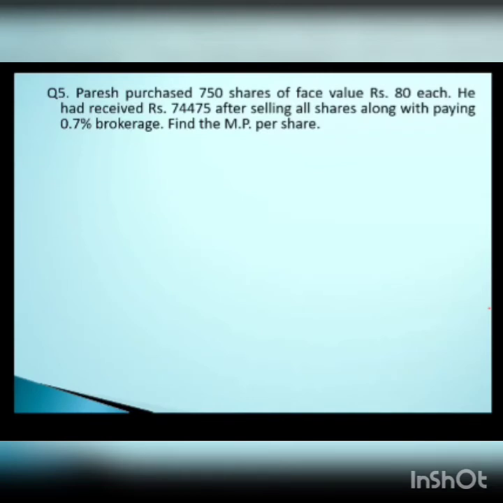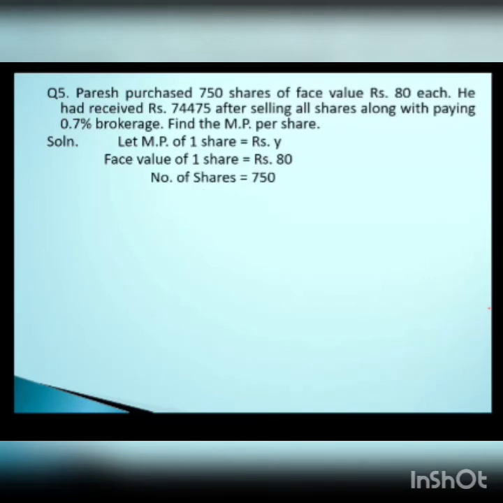That is the question that has been put up to you and let's see what is to be done with this. The first thing is to assume. Let the market price of one share be rupees Y. We don't know the market price, so we will assume it, and that is to be taken as rupees Y. The next line is to write the face value. It's not used, but anyway you write down that face value of one share is equal to rupees 80.